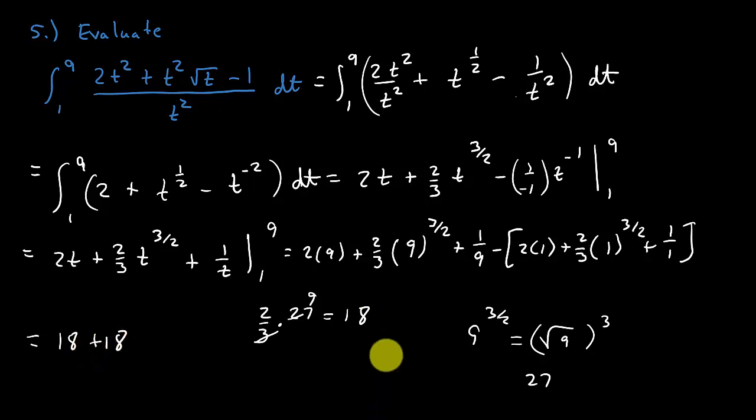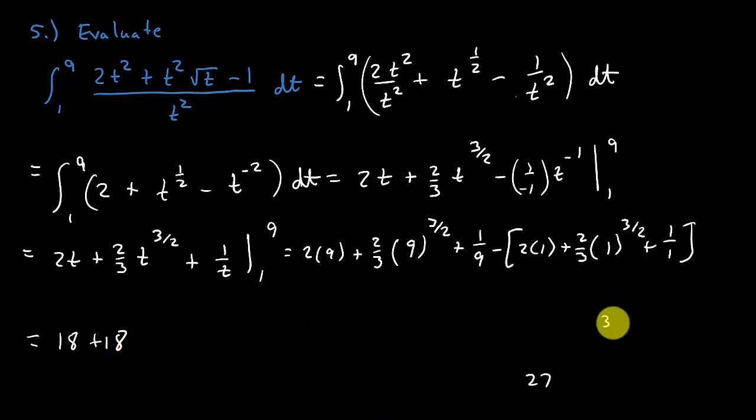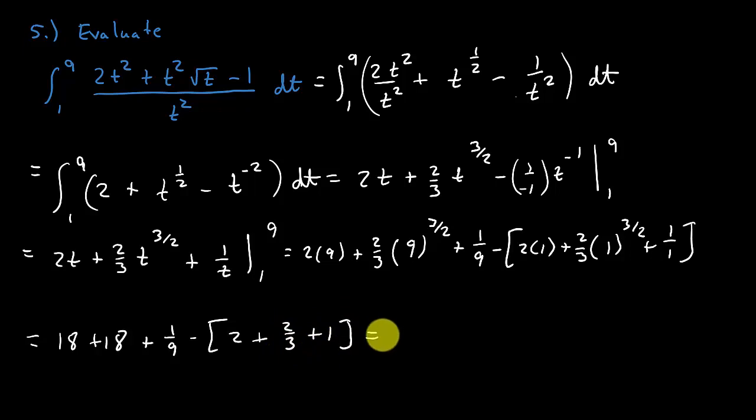So plus 18, plus 1/9, and then minus 2, and then 1 raised to the 3/2 is 1, so that's 2/3 plus 1. And then if we can, add that up or put it in your calculator, but after you do all that, you get 292 over 9.